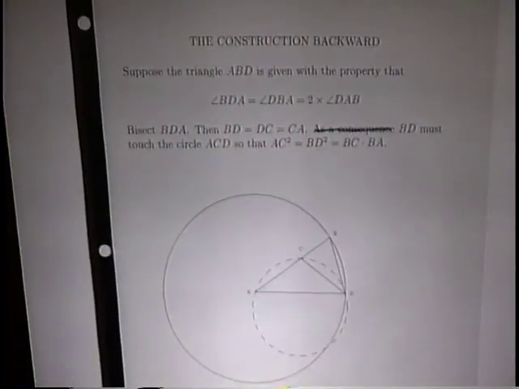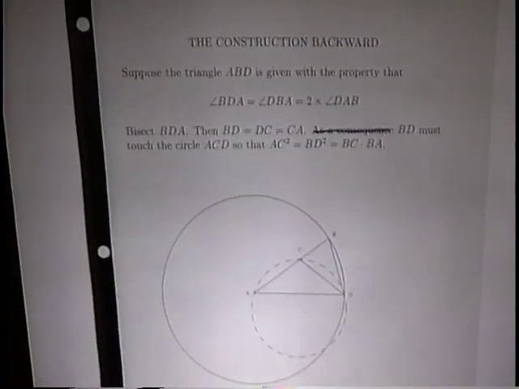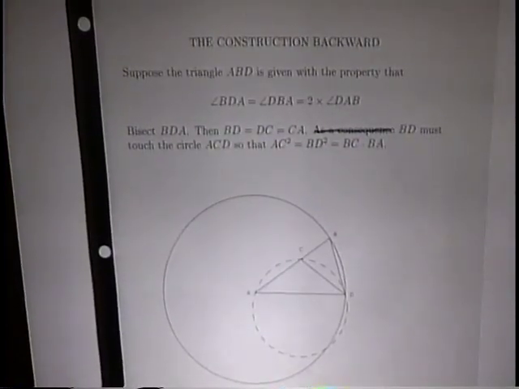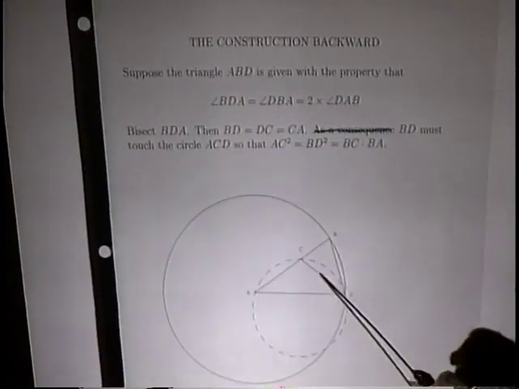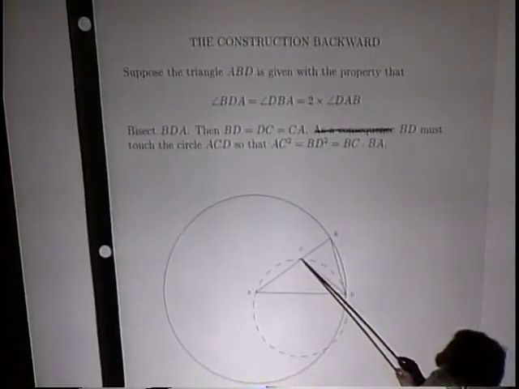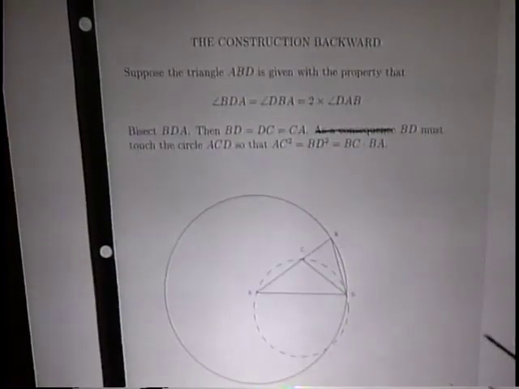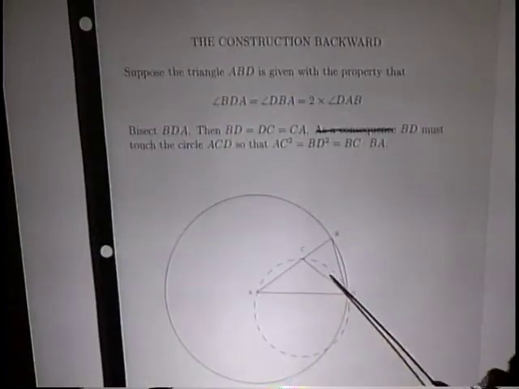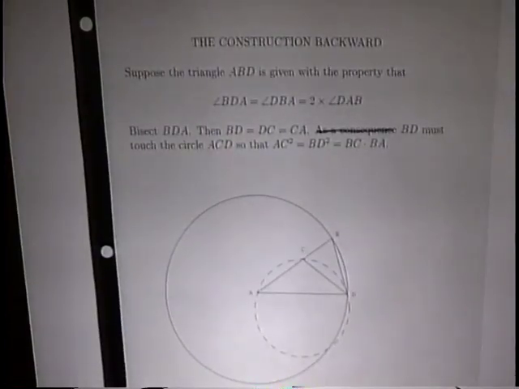Now, that certainly means that DC, we have this angle the same as that. That will mean, easy about isosceles triangles, that this side will be the same as this side. So DC is equal to CA.